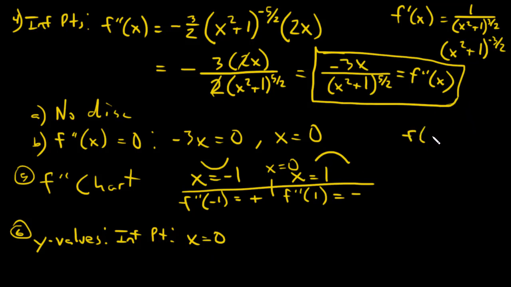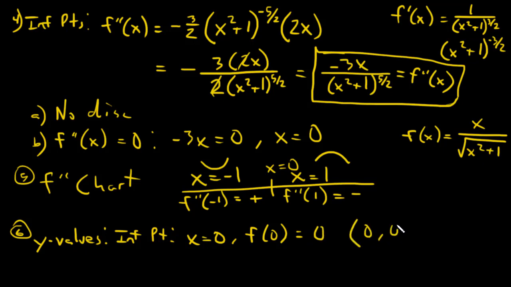F of x was equal to x over root (x squared plus 1). And if I plug a 0 in for that, top goes to 0, the bottom does not, so it's 0, which means the inflection point is located at (0, 0).